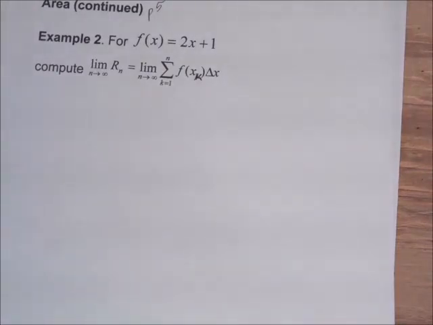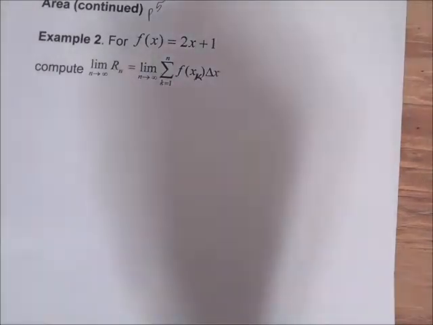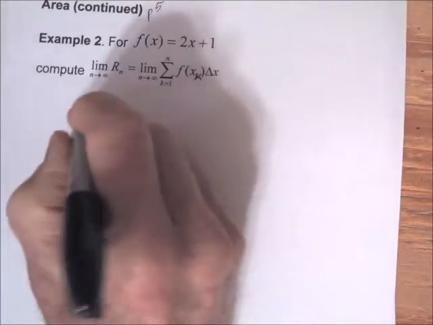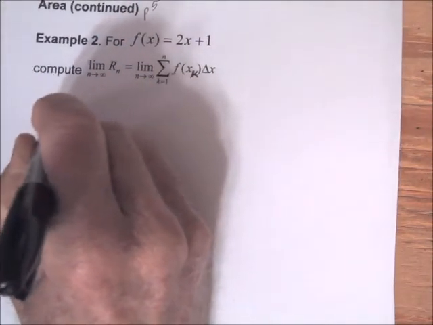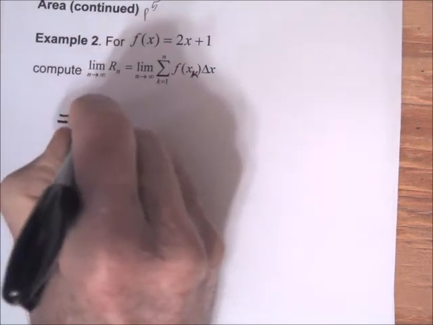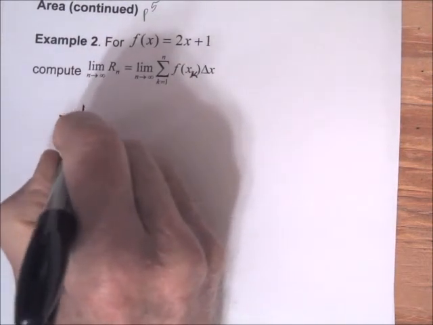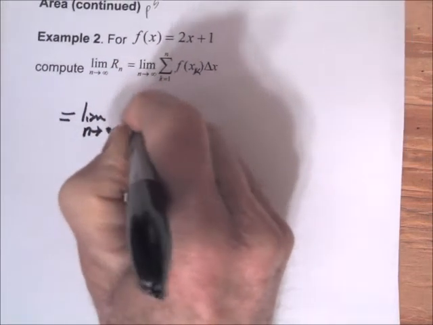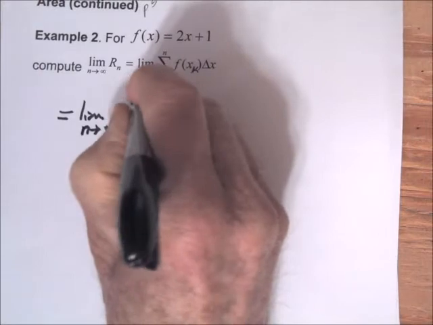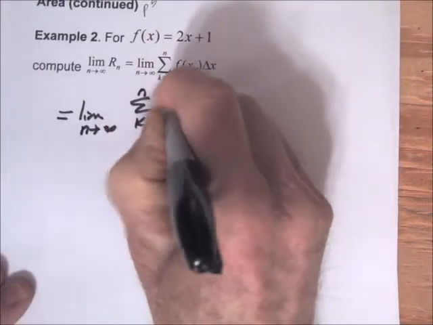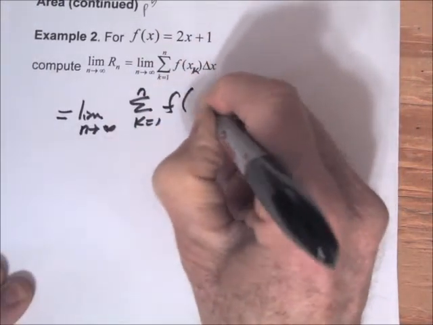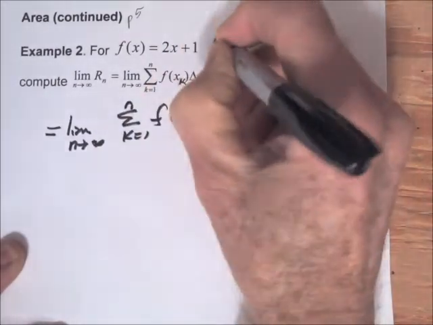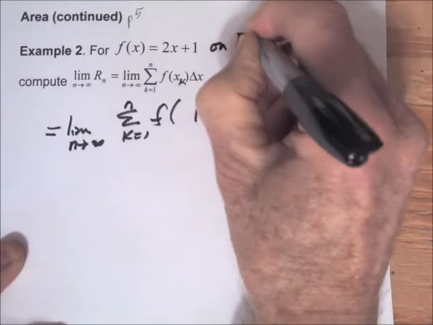Okay, so if we use right endpoints, it's going to be the limit as n goes to infinity, summation k equals 1 to n of f of 1 plus k, and this is on the interval 1 to 5.